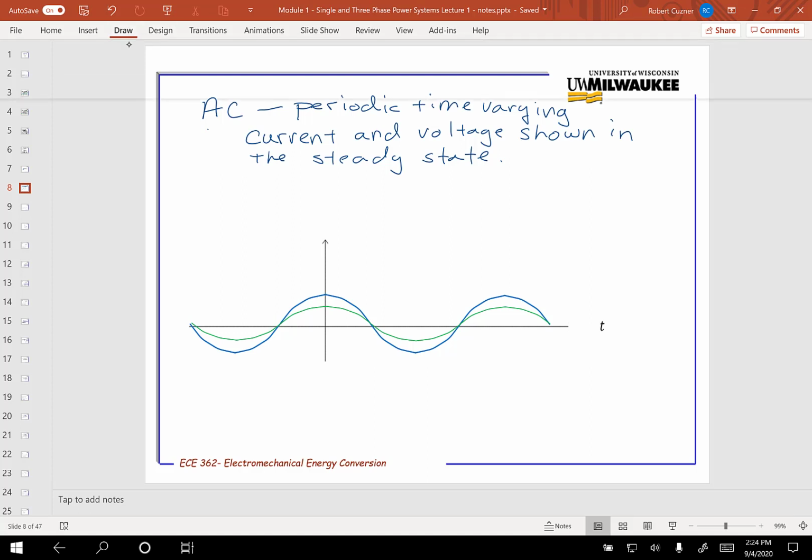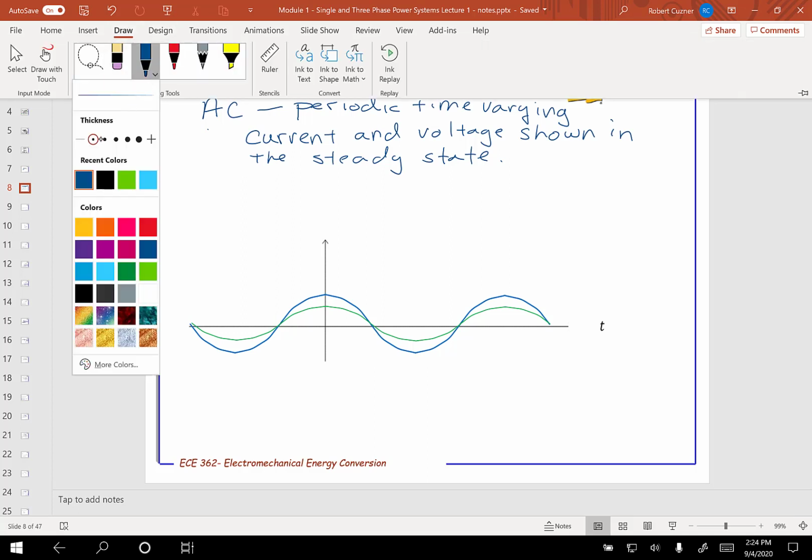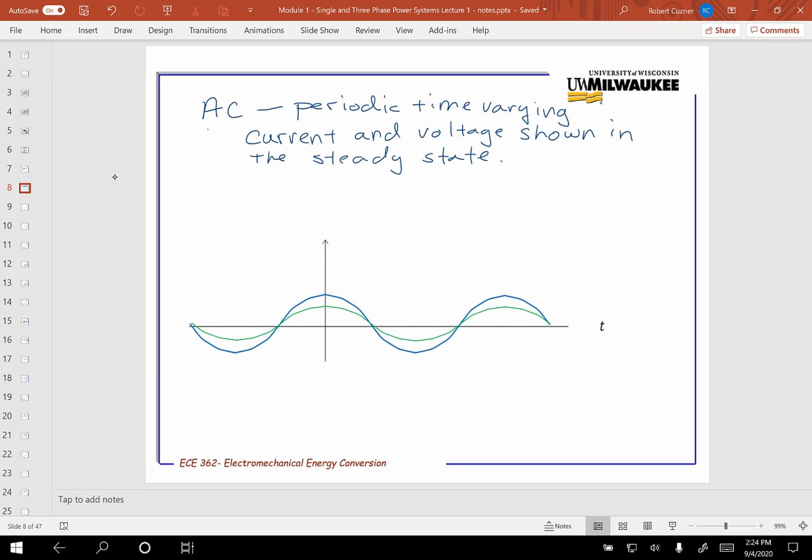If we do that, then we're saying that this blue line would be the V per unit.